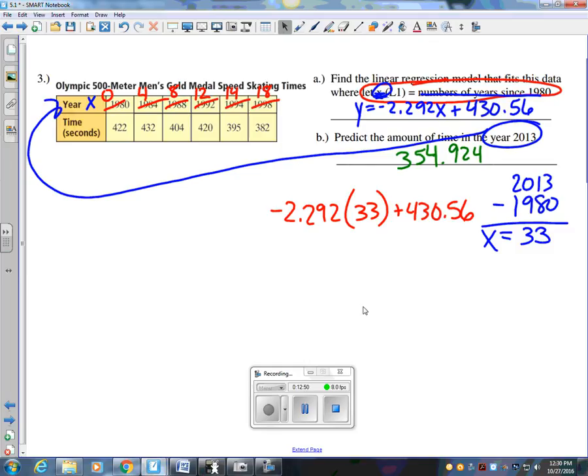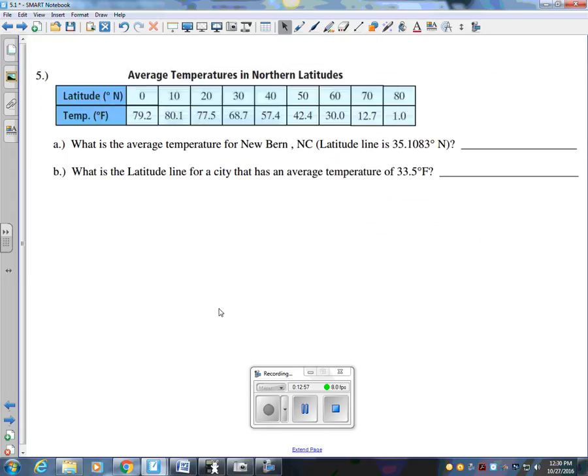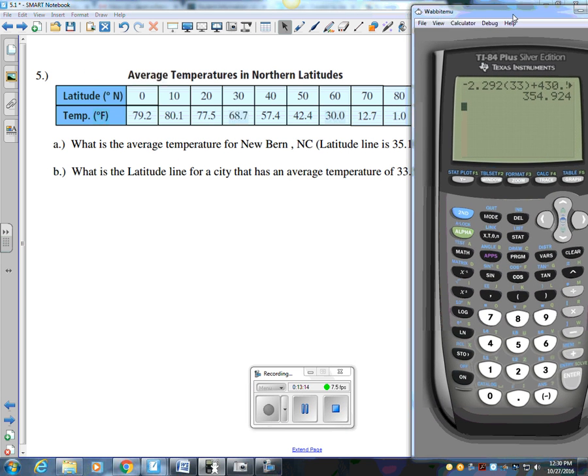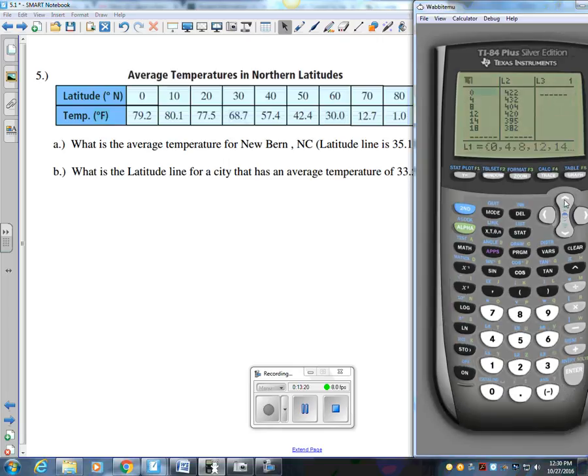All right, we're skipping number 4 on your notes and going to number 5. Number 5 says, what was the average temperature for New Bern, North Carolina, which has a latitude line of 35.1083 degrees north? Well, the only way to answer that question is to get your equation first. So I need to put them in stat. Clear that out.